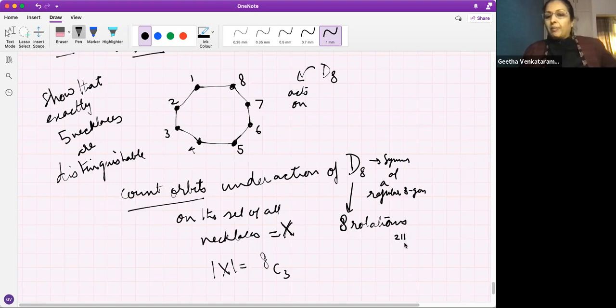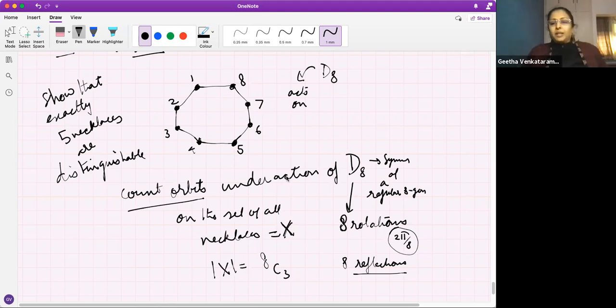There'll be 8 rotations starting from the 0 degree, R2 pi by 8, then R4 pi by 8, and so on. And you'll have 8 reflections. And for each of these, you have to find the fixes.